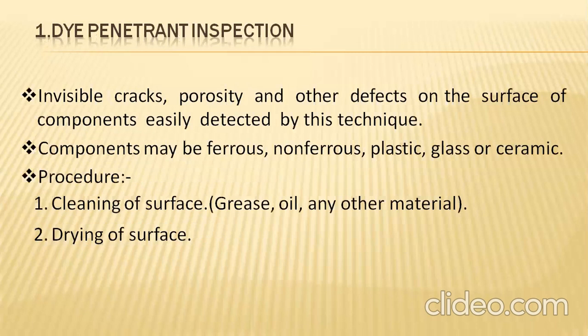Coming to the dye penetrant test or liquid penetrant test, it is a technology widely utilized in the industrial sector for identifying invisible cracks, particularly as a visual inspection technology.